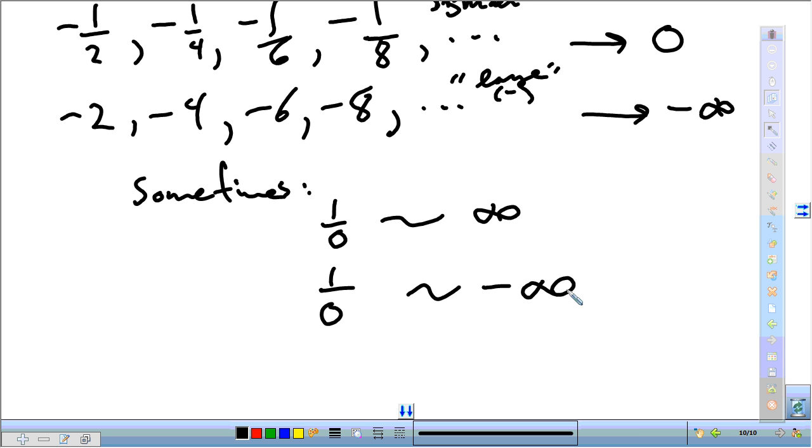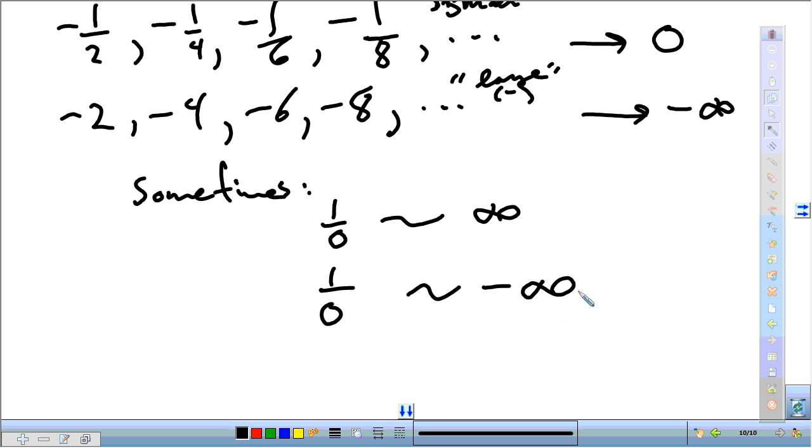So, at least 1 over 0 represents infinity in some way, but it's a problem because sometimes it's looking like positive infinity, very large positive values, and other cases negative infinity.